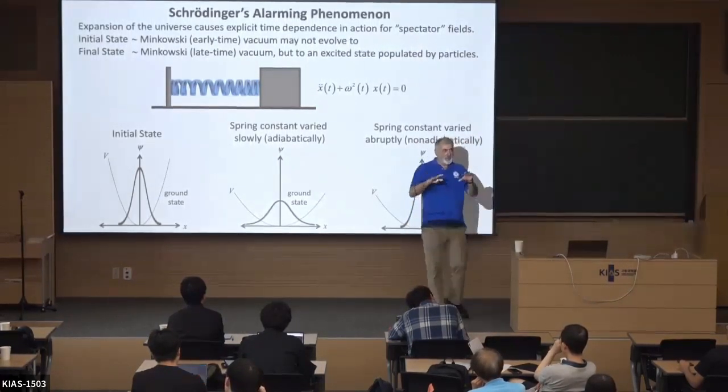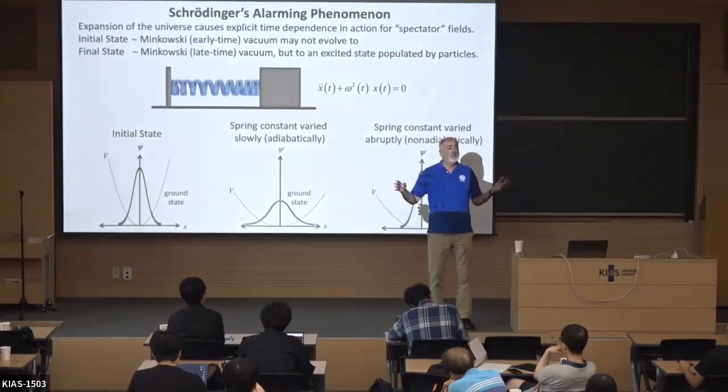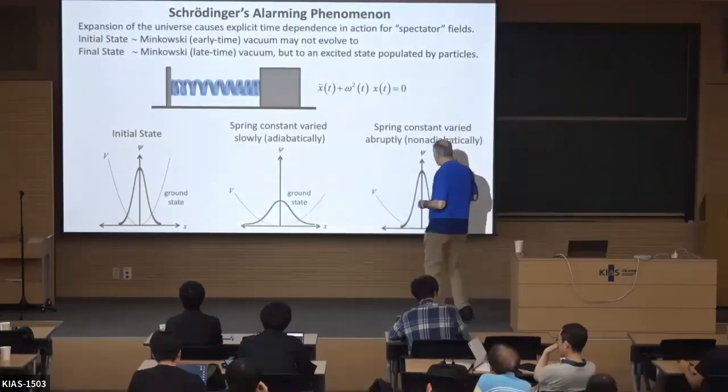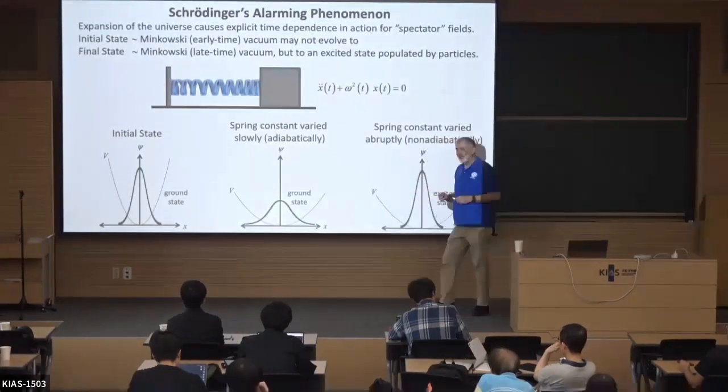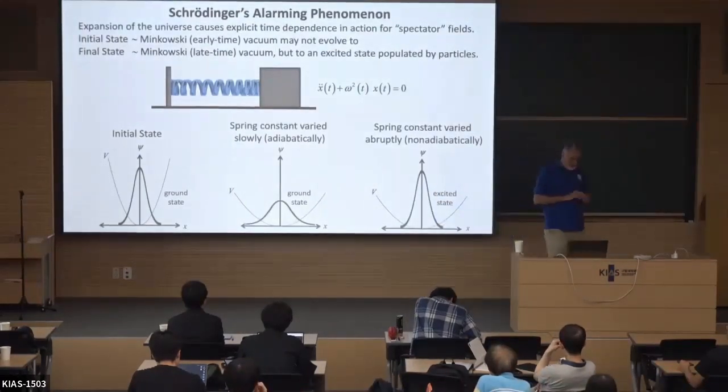So we're going to have an expanding universe, and if the universe expands non-adiabatically, then the wave function will change, and you will end up with an excited state. And in quantum field theory, this would be interpreted as a state with particles.